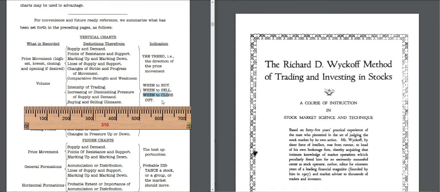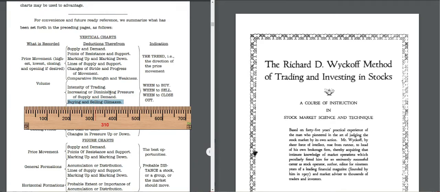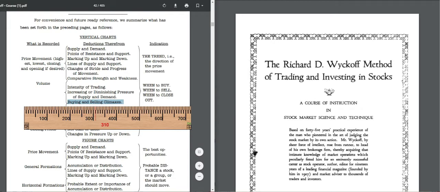I mean, what else? And what is this? A function of volume and price. Okay? So price and volume telling you when to buy, sell, close out. Volume is giving you indication of climaxes, intensity of trading and increasing or diminishing pressure. Pressure up, pressure down. In a way you could also say it's effort, but I'm not going to get into that.